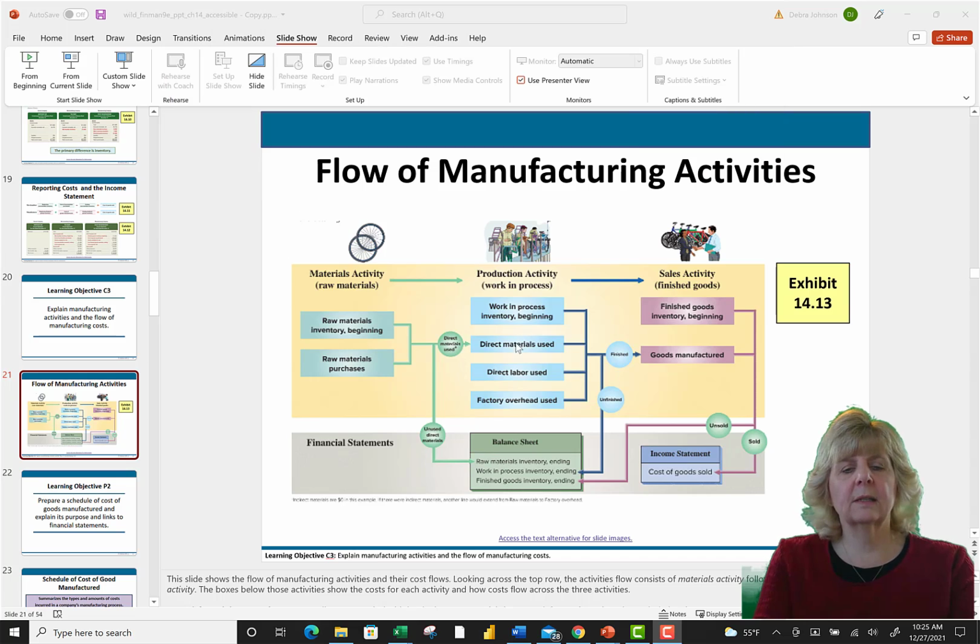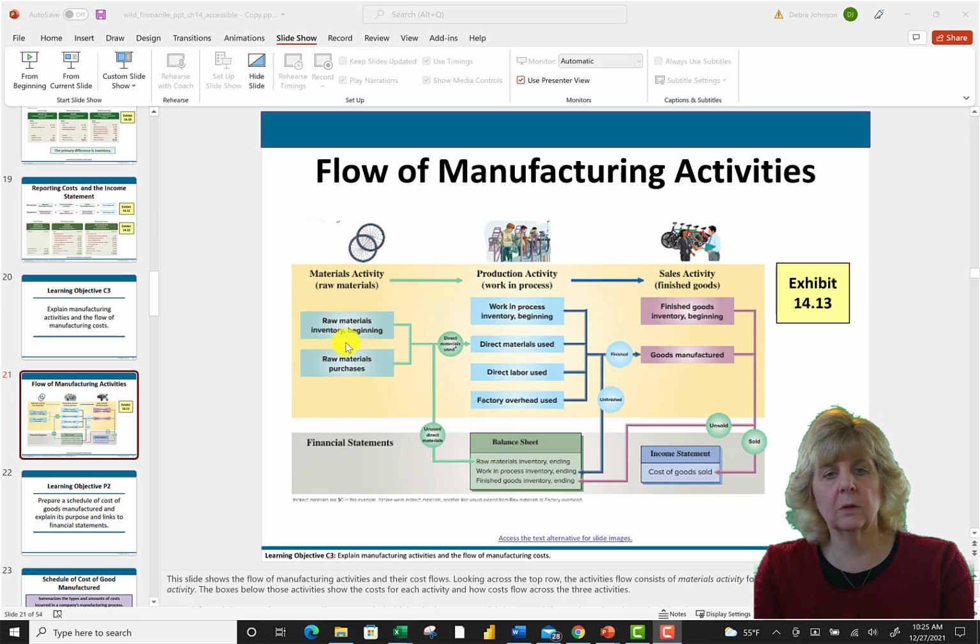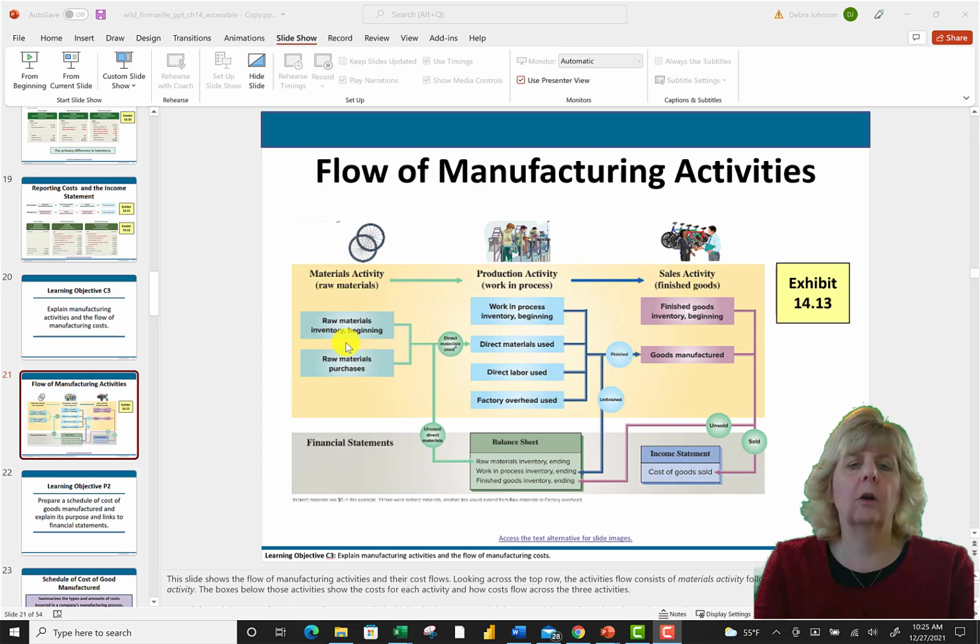So this is the one slide I'm going to focus on for this part of the lecture. We're going to be looking at raw materials coming in, being used, and you're going to see that raw materials go one of 2 places. They either go into the production floor to be used on a product, or they get used in the general factory overall.